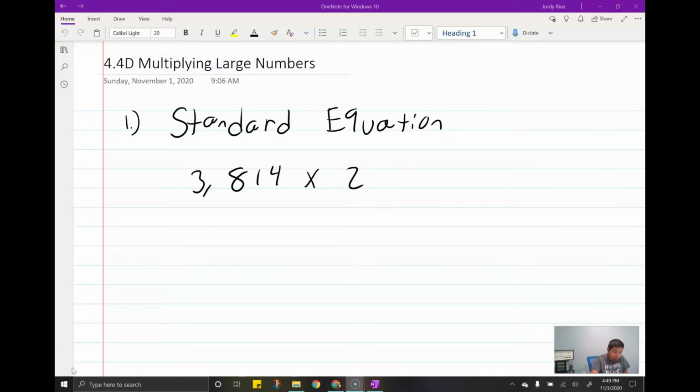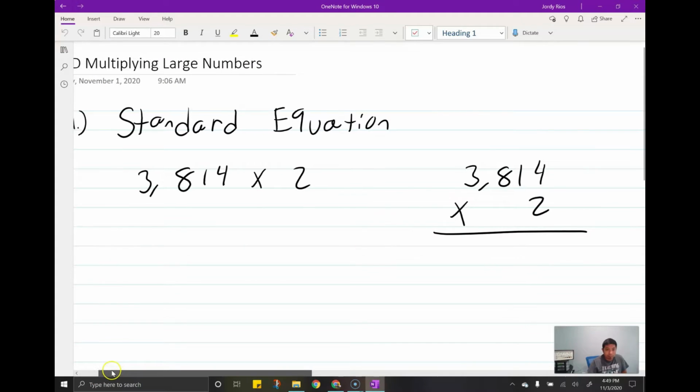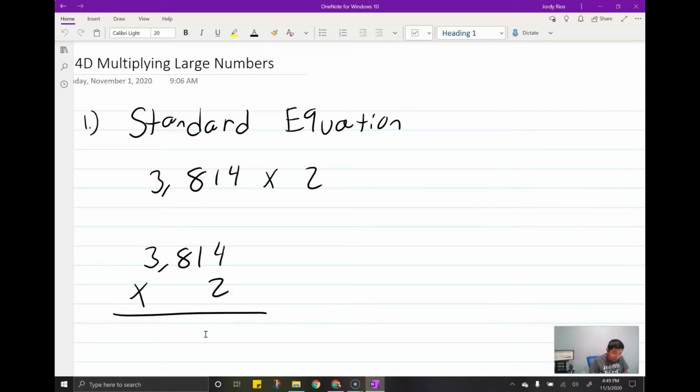So the way I would do this is 3,814 times 2, and I would set it up like this, okay? So, let me just go ahead and move this over. Perfect.